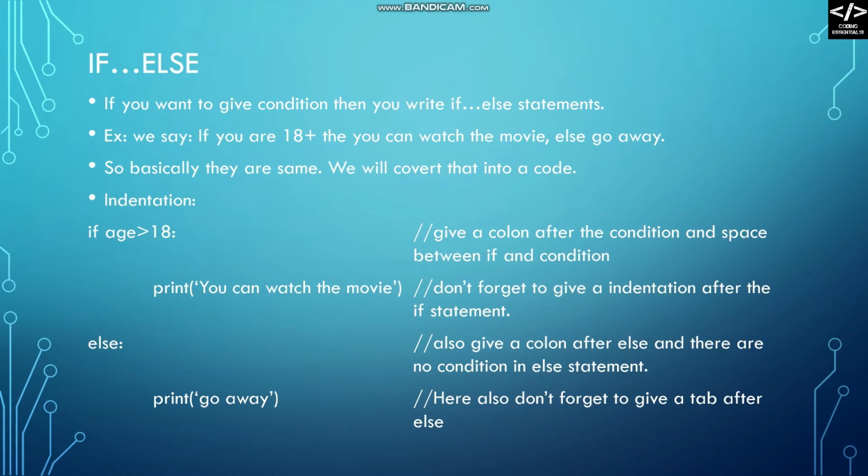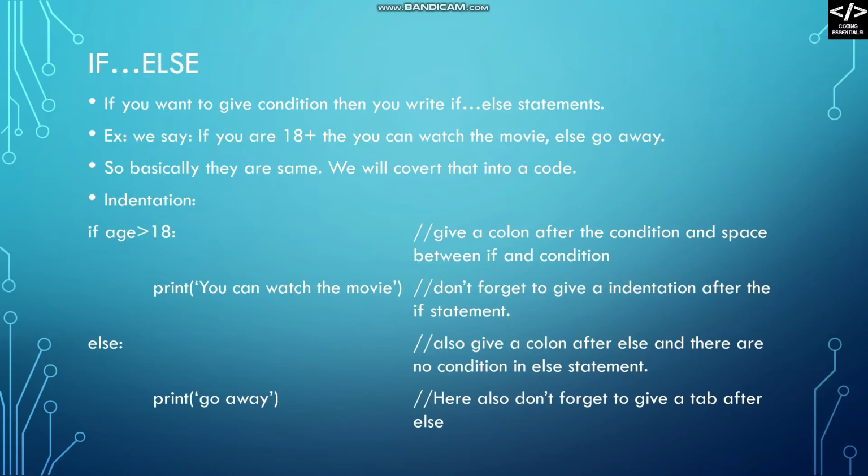And here also do not forget to give a tab or a space or an indentation that you choose after the else. All the statements below else need an indentation, otherwise they would not act as the code of else.